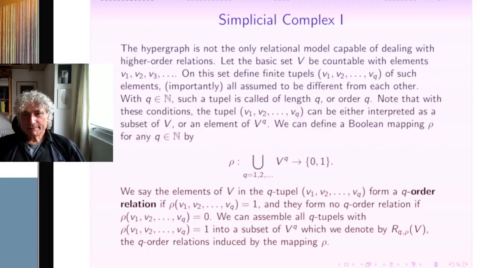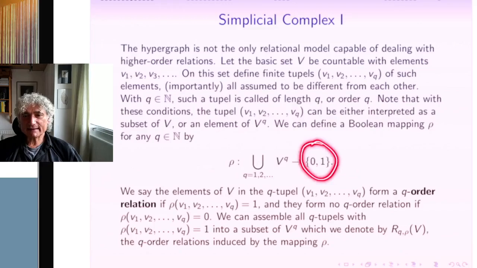So you typically base the simplicial complexes on this notation of n relations. So an n relation can be written like that, as a mapping of the basic set V to the power Q, and then you have a mapping to 0, 1.